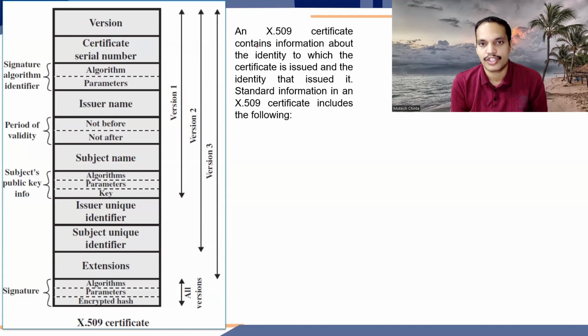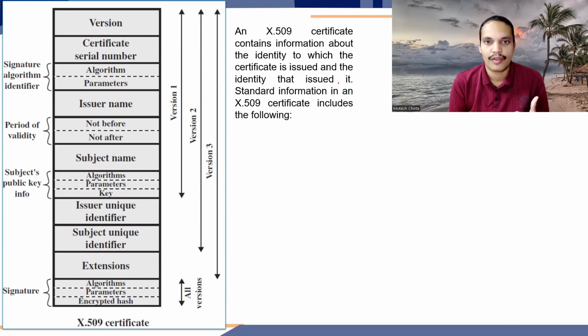It starts with version. An X.509 certificate contains information about the identity to which the certificate is issued and the identity that issued it. That means it contains two things. The first thing is, to whom does this certificate belong? And the second thing is, who issued this certificate? Very much similar to how your degree certificate looks.